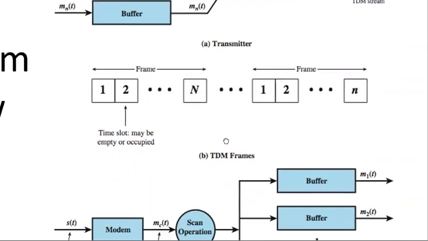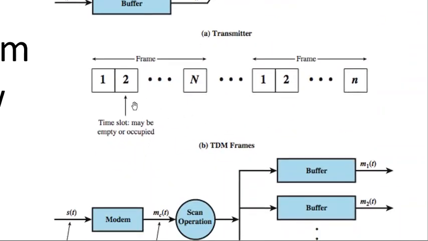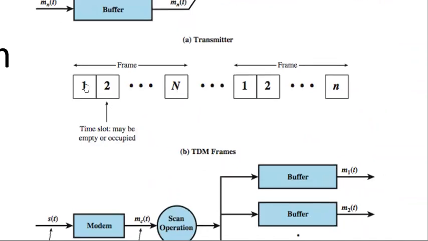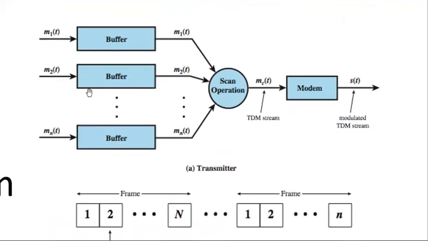The transmitted data may have a format like shown over here. It may have time slots 1, 2, and so on up to n. A time slot may be either empty or occupied. So a frame may have different time slots, and a time slot may be occupied by data or it may be empty, depending upon how many different data streams you have.